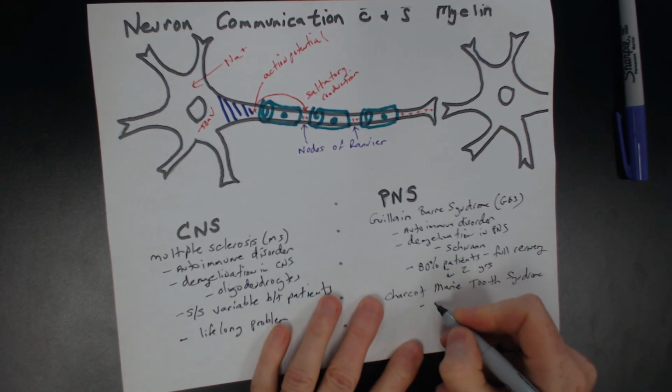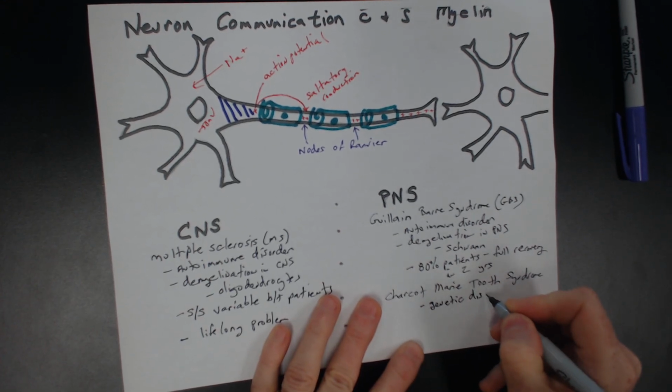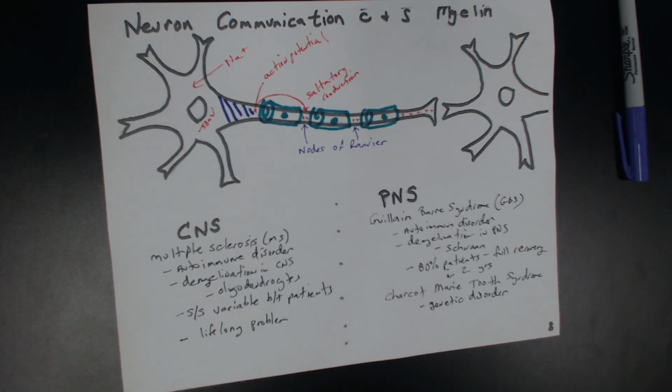So you're born with it. Essentially, Charcot-Marie-Tooth is there's a specific protein called connexin that resides inside the Schwann cells. It's important for myelination, and that's a problem with the connexin protein. Too much information. Just know it's genetic.